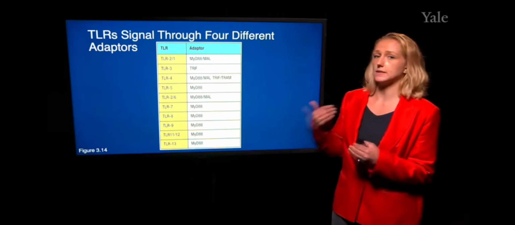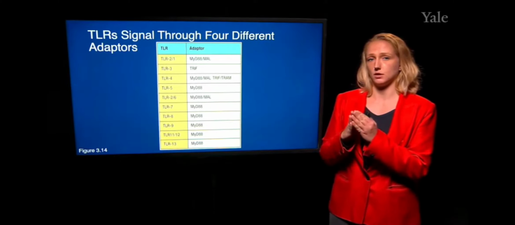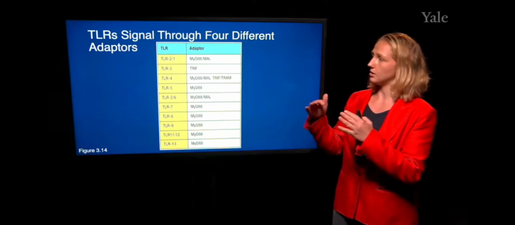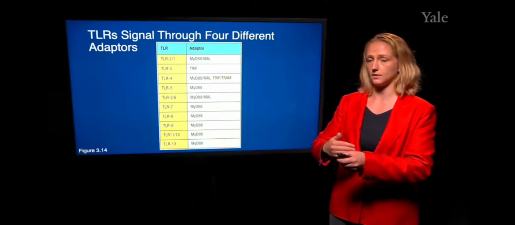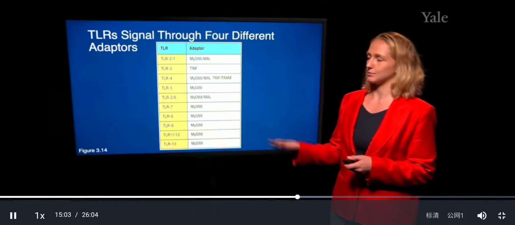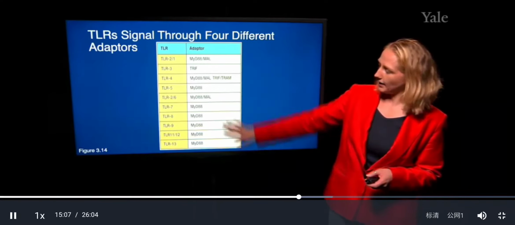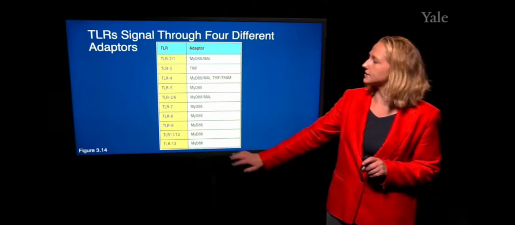So these are adapters that'll bind to those dimerized Tlr domains in the cytoplasm upon dimerization of the Tlrs, which lead to downstream signaling that leads to the expression of cytokines. So you can see that MyD88 is a very popular adapter that's used by TLRs. We also have TRIF and TRAM and MAL.